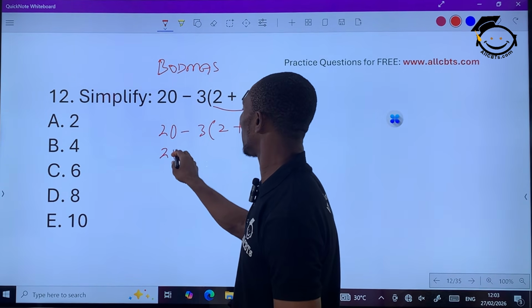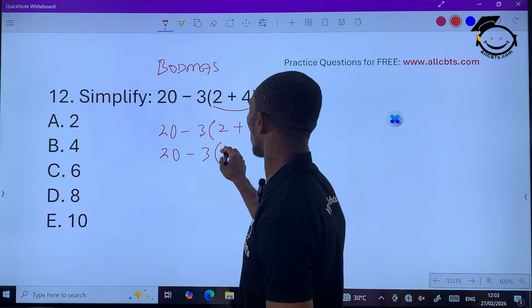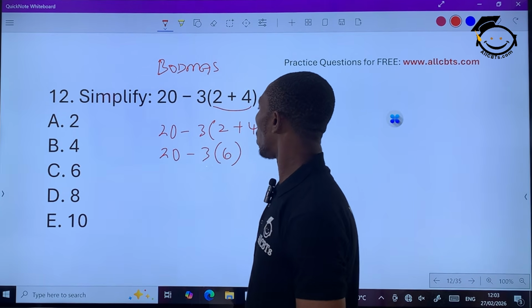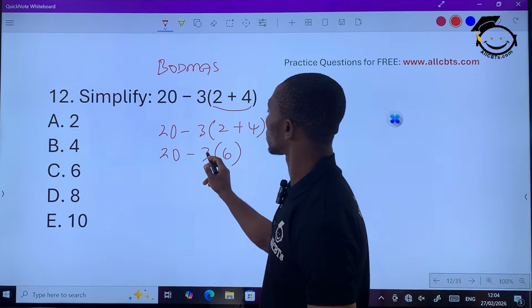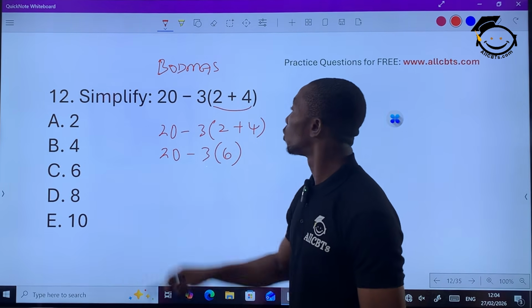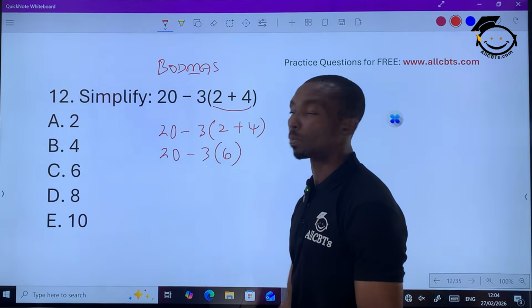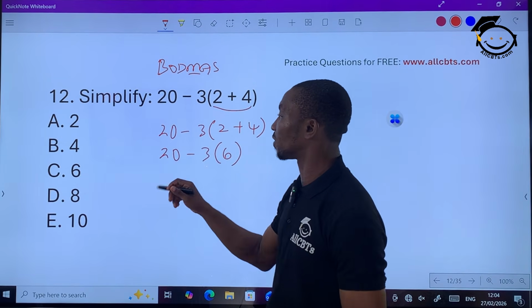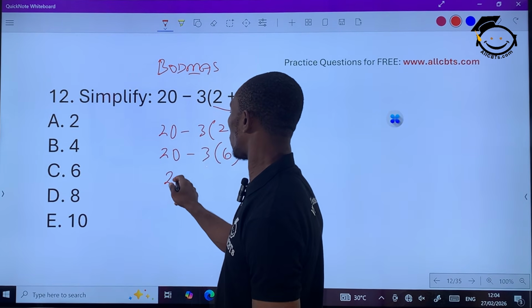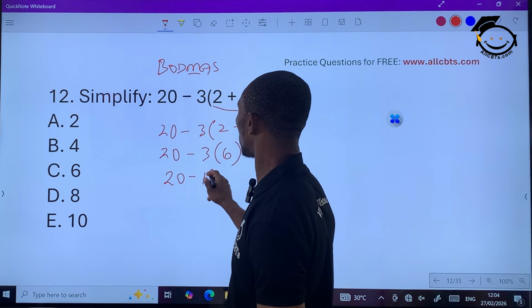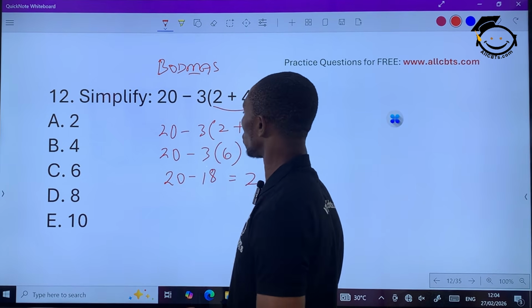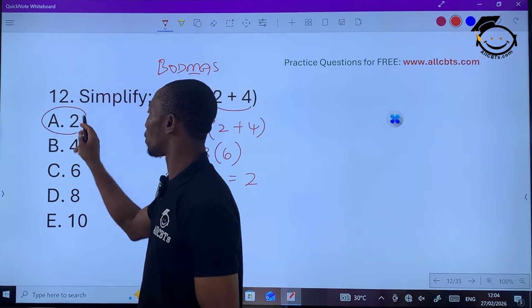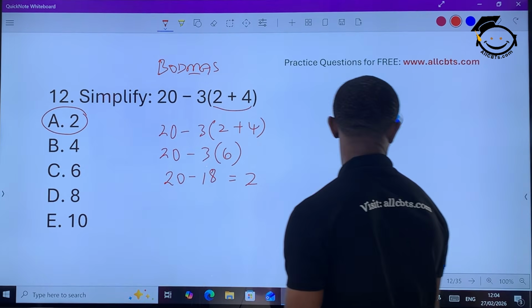So this gives us 20 minus 3 bracket 6. Now since 3 is multiplying 6, we work next on multiplication. 3 times 6 gives us 18. So this gives us 20 minus 18, which gives us 2. So our answer when simplified would be 2.